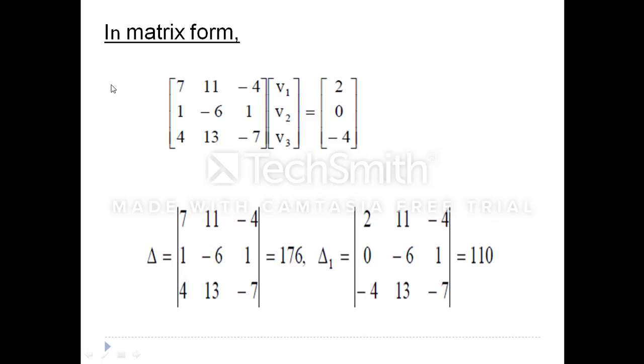Here there are 3 equations, so it is easy to get V1, V2, V3. Let's use the determinant form.